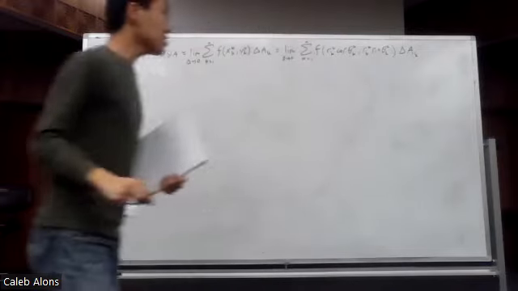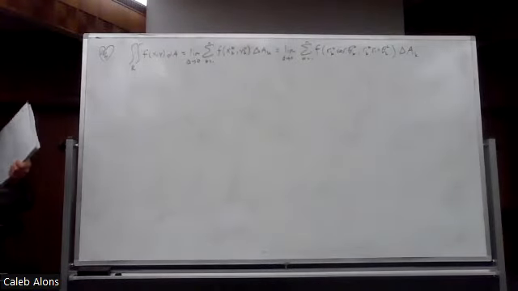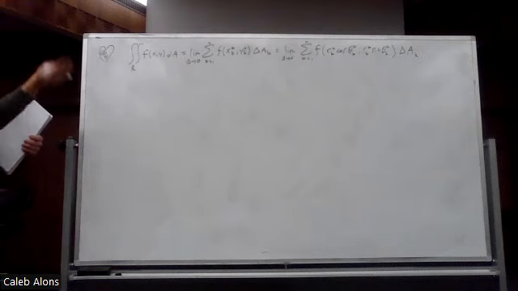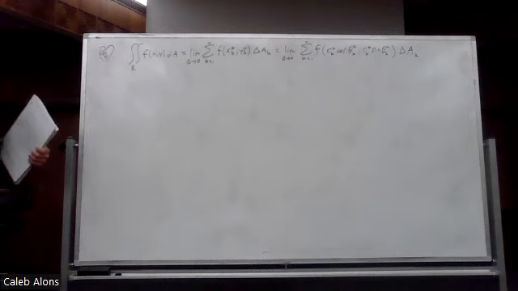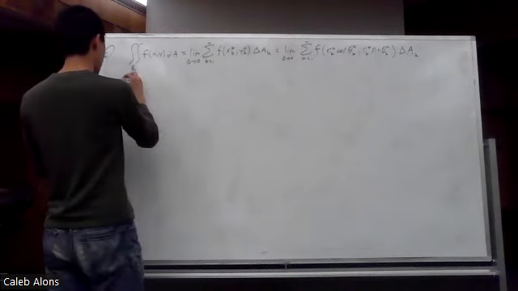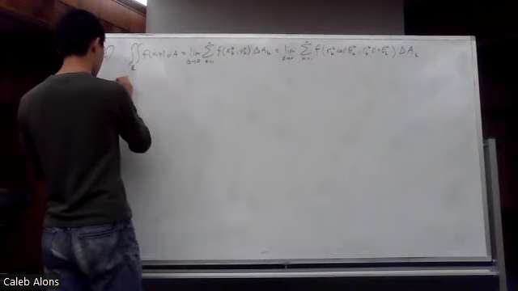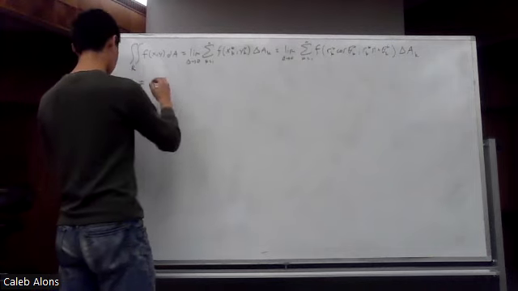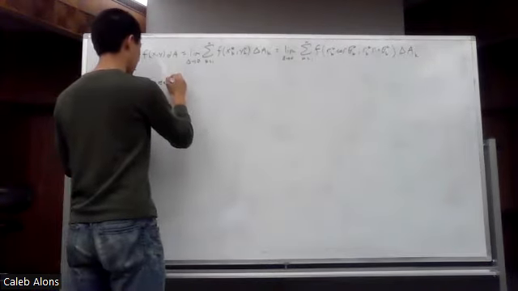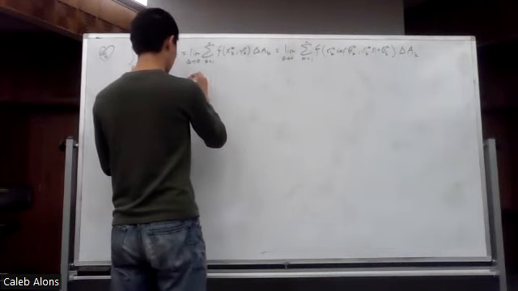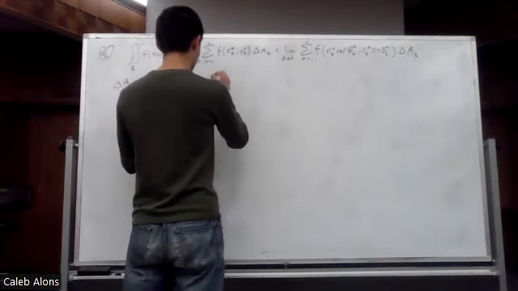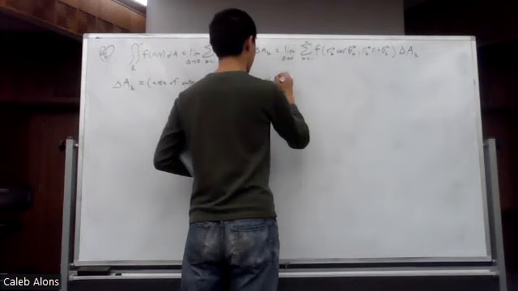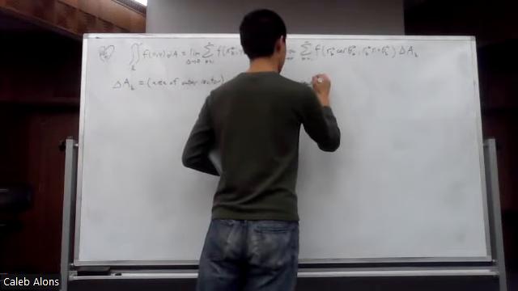Now, this tile isn't going to look like the ones in the bathrooms near the I4, because we're talking about polar rectangles. They're really just little arc length sectors. So our little tiles, delta A sub k, is going to be the area of the outer sector minus the area of the inner sector.